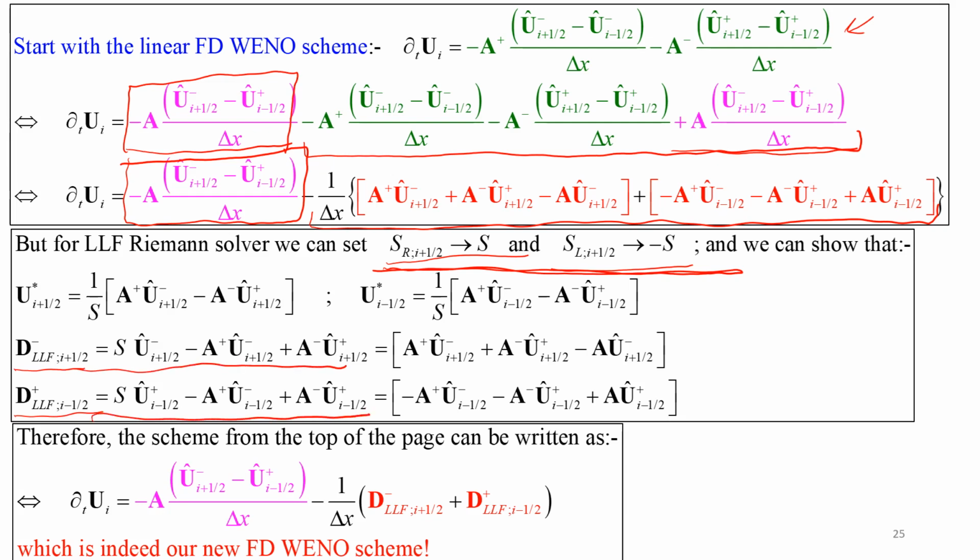Now, it's very easy to show through a sequence of manipulations that this D minus expression that you got is identical to this expression out here, which is essentially this expression out here. And it's very easy to show that this expression that you got for D plus is identical to this expression out here, which is essentially this expression out here.